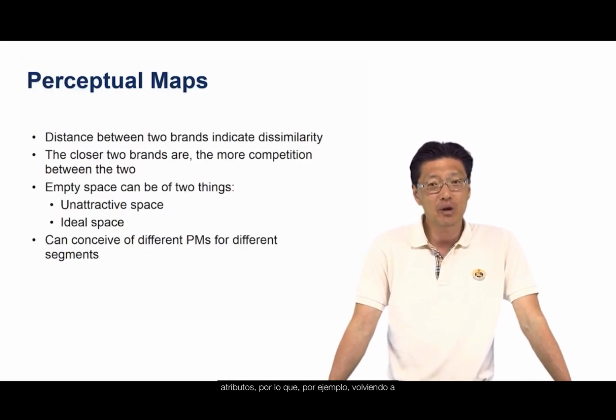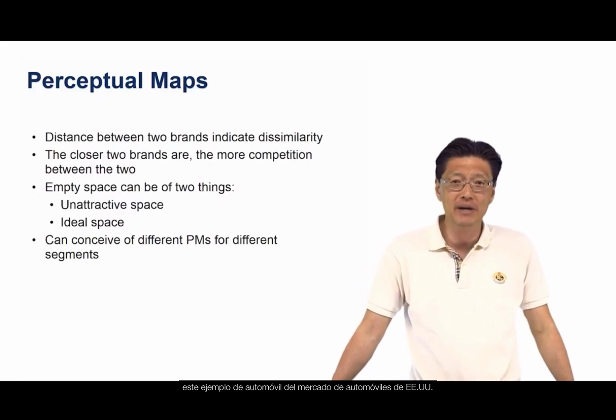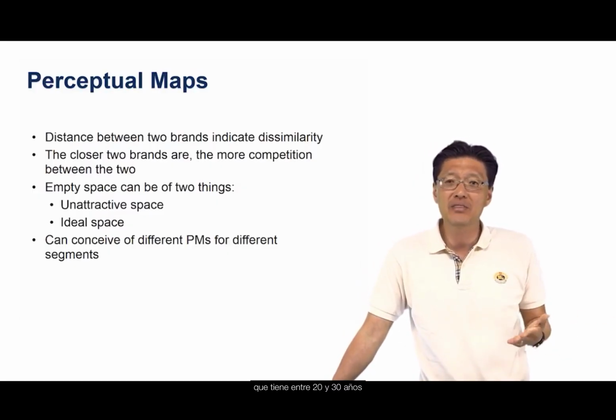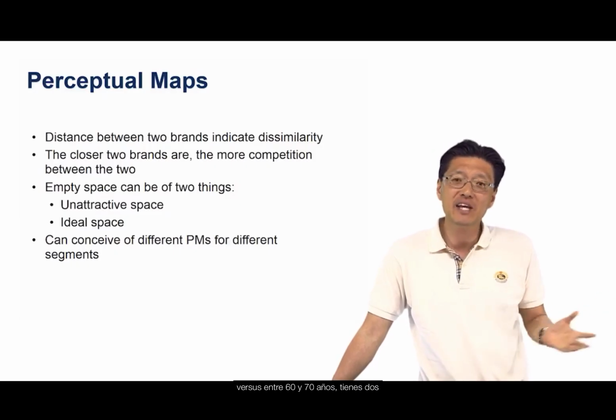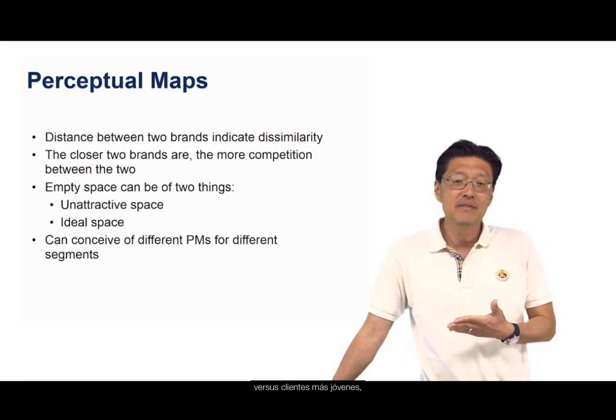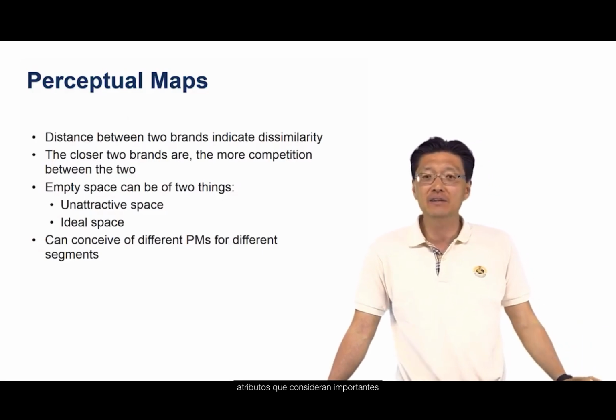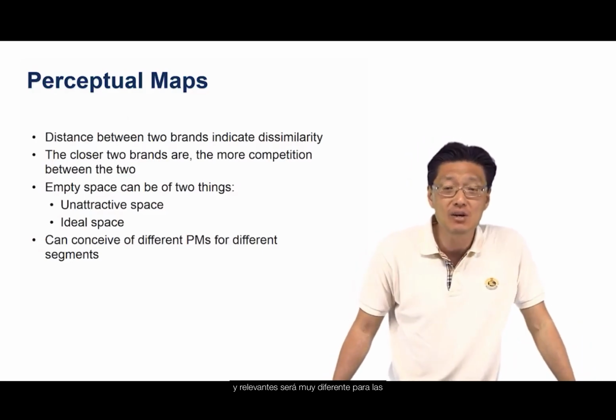For instance, going back to the US car market example, if we take 20 to 30-year-olds versus 60 to 70-year-olds, two different segments, older customers versus younger customers, the benefits they seek or the attributes they consider important and relevant will be very different.